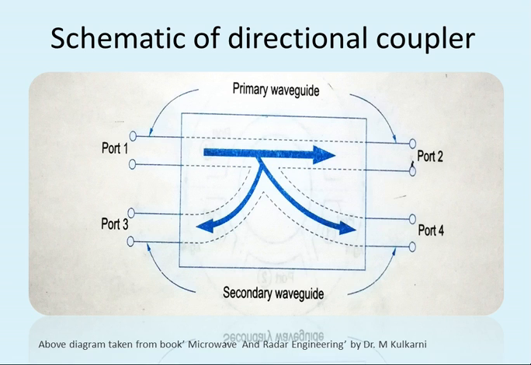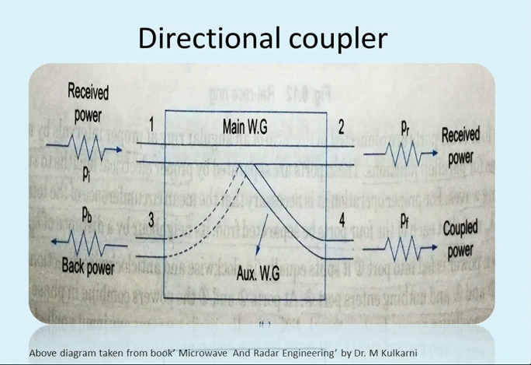It is an alternative to rat race coupler, whereas directional coupler, it will sample microwave power for the purpose of the measurement, whereas magic T is a 3 dB coupler. With match termination at all ports.